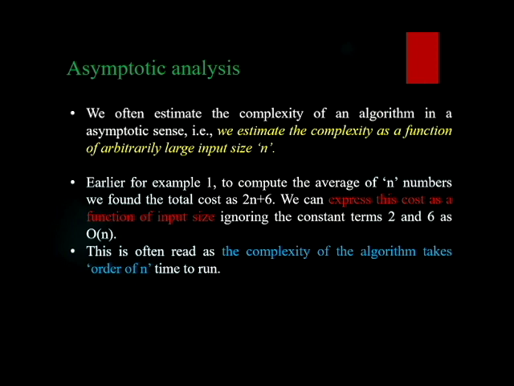And that number we can express as order of n, considering that my n is relatively very large. Because when n becomes big, 10 million, then the numbers 2 and 6 don't make much sense. They can be ignored, right?